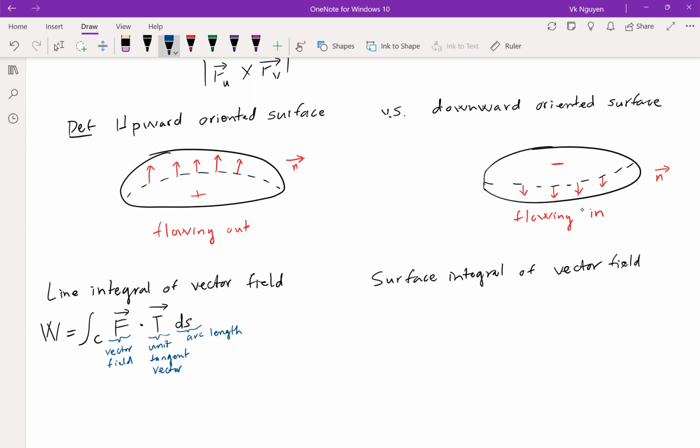The force is pushing a particle in the direction of the unit tangent vector. For the surface integral, we are computing, of course, a double integral over the surface S of F dot n dS. This vector field here is pushing, if you look at the flow, right, flow in and out, it is pushing fluid, flowing in the direction of the unit normal vector n.